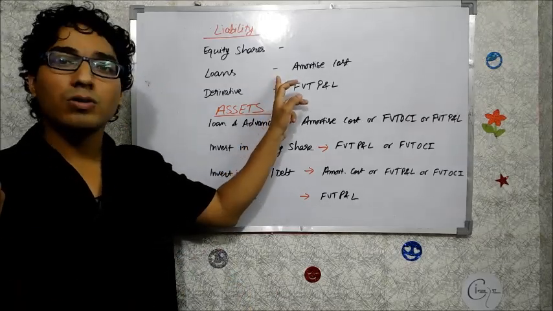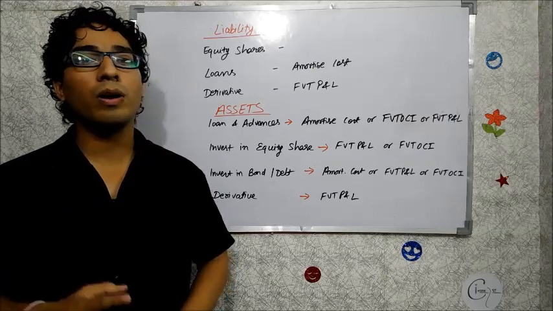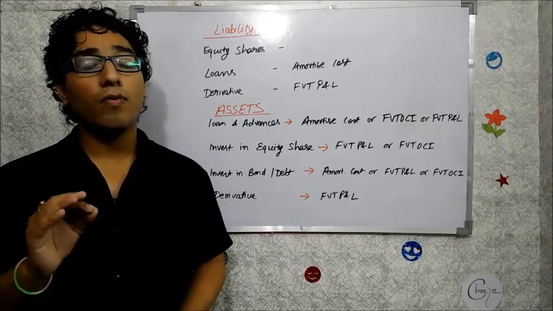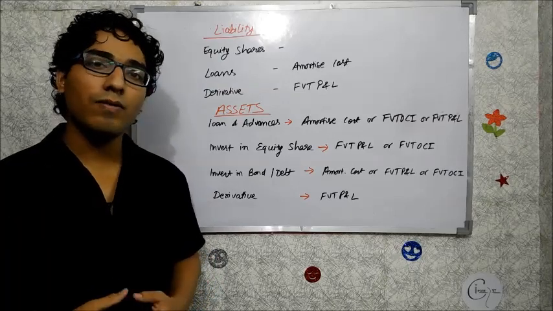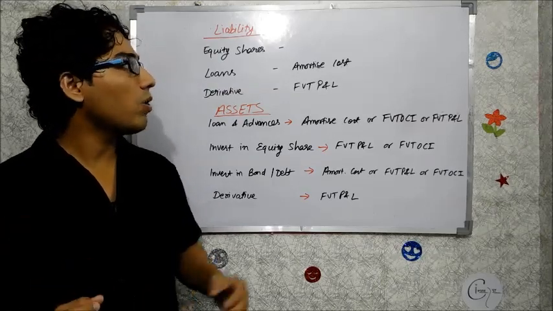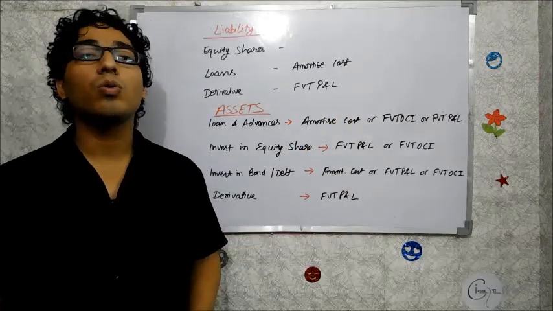Second, loan. You know that a financial liability can only be categorized into two components: fair value through profit and loss or amortized cost. Remember that the loan which you have received from the bank will only be classified into amortized cost, not fair value through profit and loss.